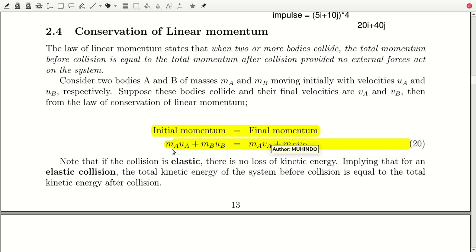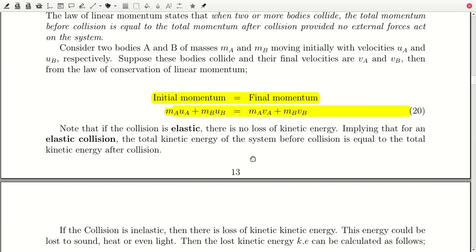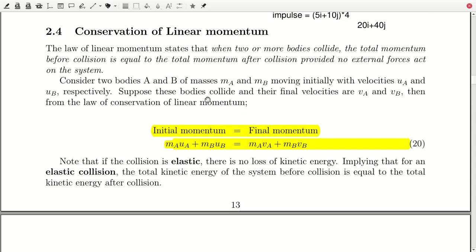The momentum before collision is MA UA, the momentum of particle A, and MB UB, the momentum of particle B. This is before collision. So after collision, again we expect the total momentum to be the same. So we shall do this when we are dealing with particles which collided.